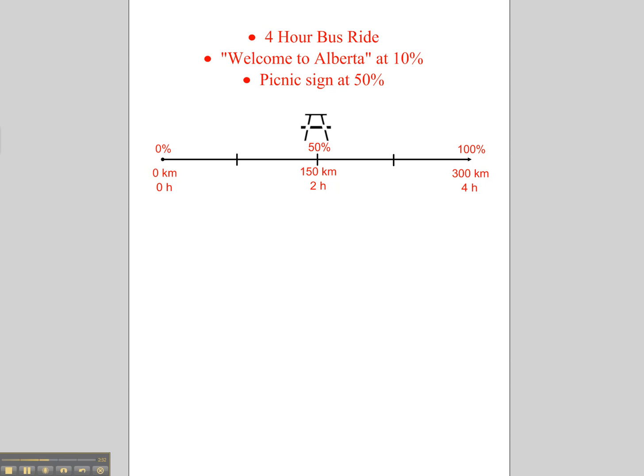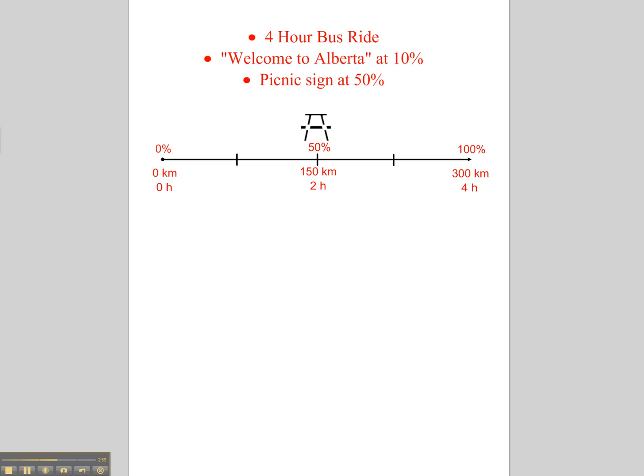But first we're going to find that Welcome to Alberta sign when we're driving, and so we need to find a way to discover where 10% is. One of the things we can do is, if this is 100%, divide it into 10 different portions. You can get out a ruler and figure that out, or another thing that I've done is I've divided into halves again.